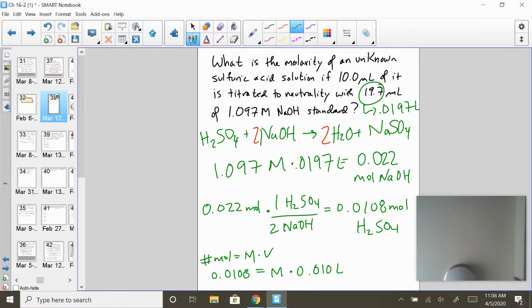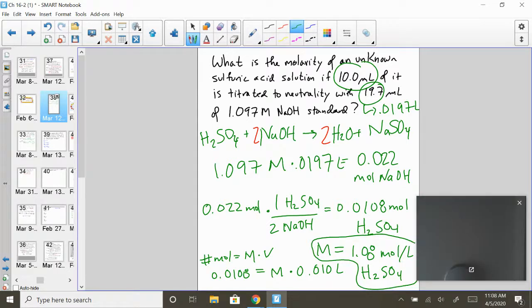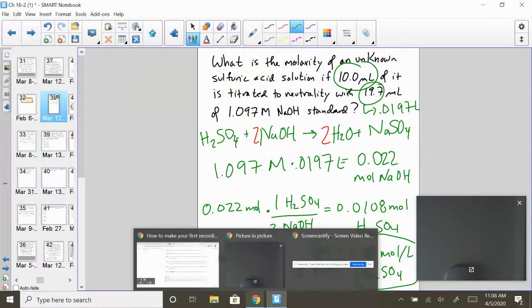We got that from up here, right? 10 milliliters is equal to 0.01 liters. So therefore I can calculate my molarity. That's going to be equal to 1.08 moles per liter of H2SO4. All right, so that is one example.